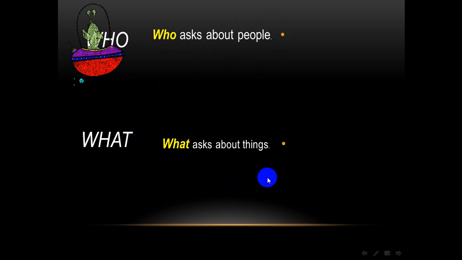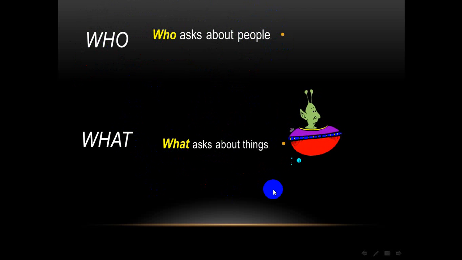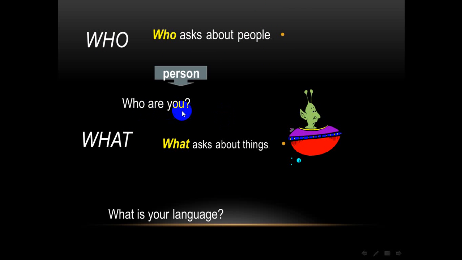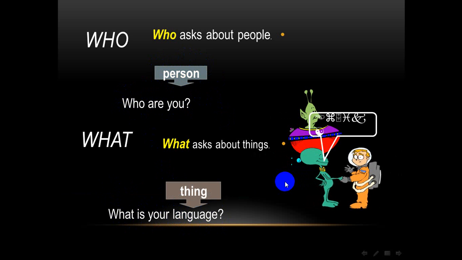Like, who are you? Here, a person. So I ask about who. But here, what's your language? I ask about the language, so I use what. So language is a thing.